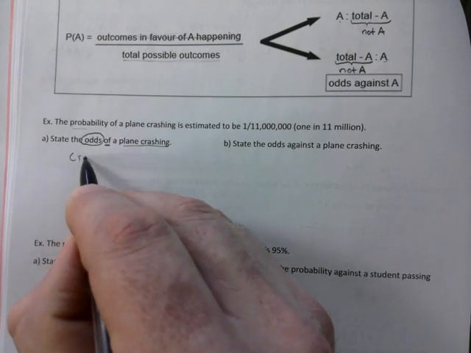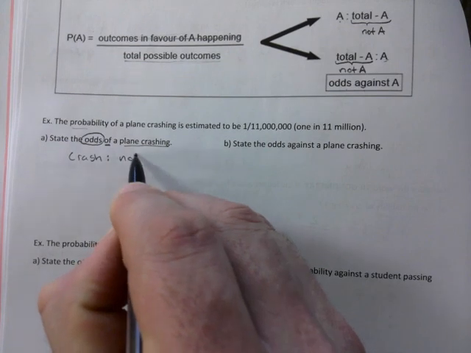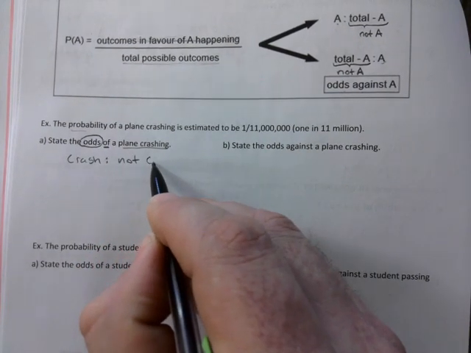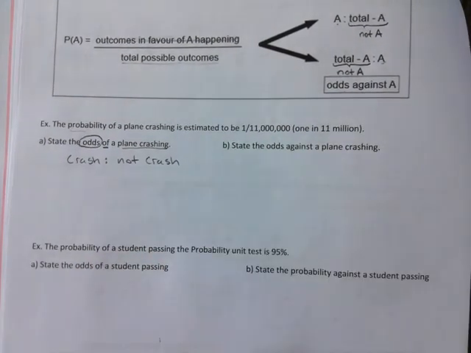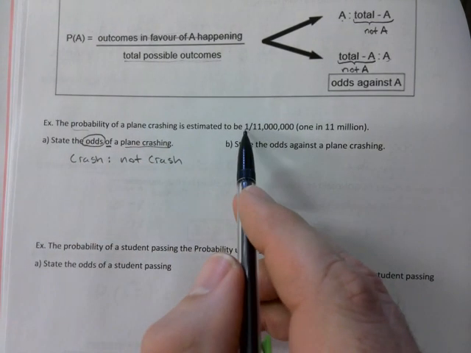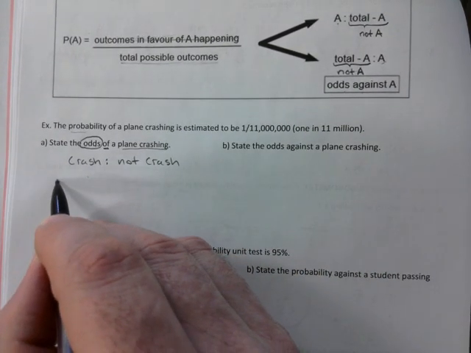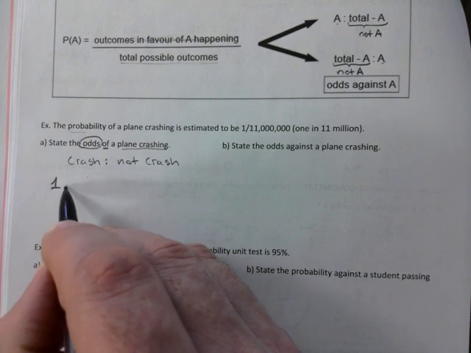So crash, and on the other side, it would be not crashing. We're told that the probability of it crashing is 1, so you put 1 here. Give yourselves room because it's a big number.